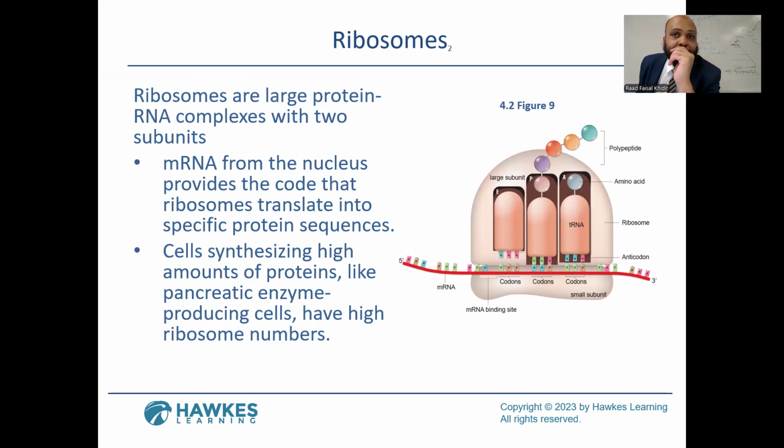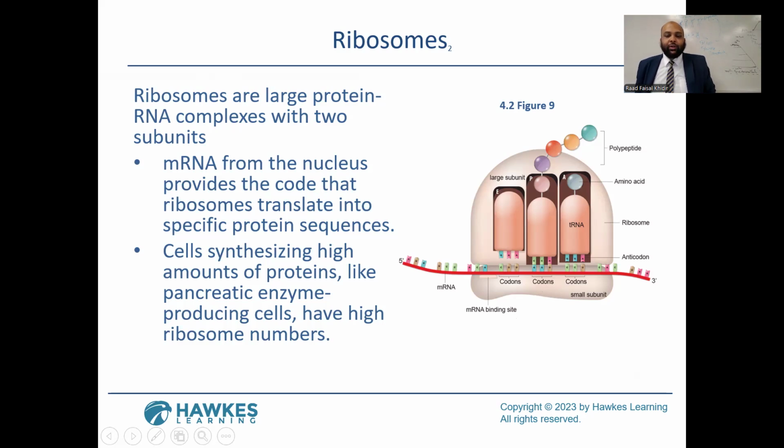For eukaryotes, they are called the 40S subunit and the 60S subunit. For prokaryotes, the small one is the 30S subunit and the big one is the 50S subunit. While in eukaryotes, the small subunit is 40S and the larger one is 60S.